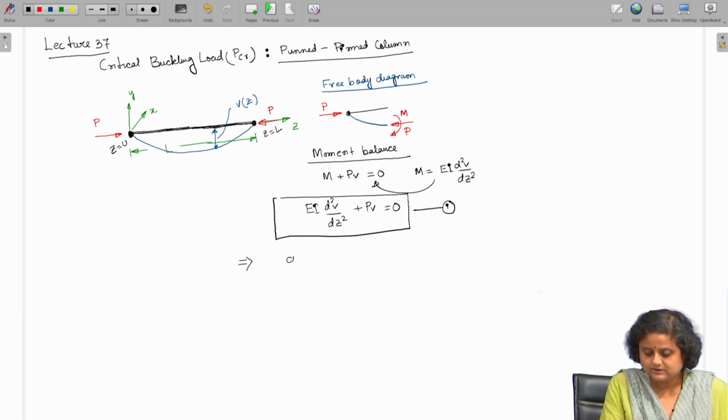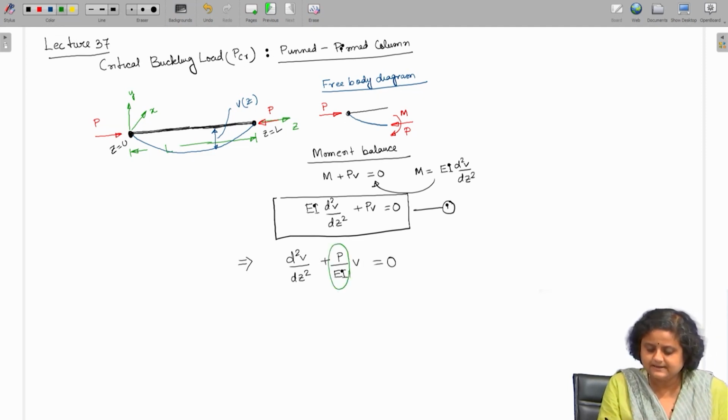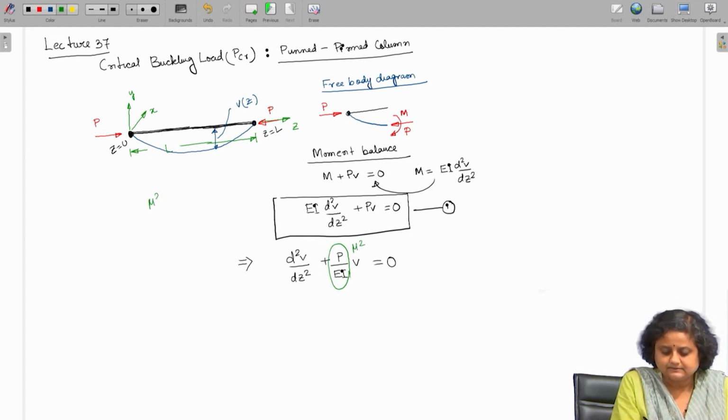So, this equation can actually be written as... now let us replace P by EI as mu square. So, mu square is nothing but P by EI.